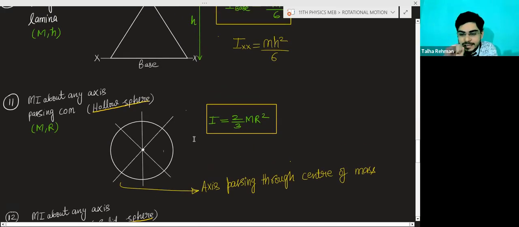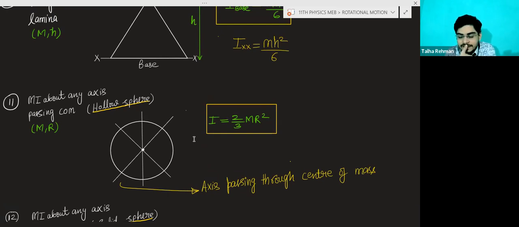For symmetrical bodies like sphere, cylinder, rectangle, square, the center of mass and the center of gravity coincide. We will discuss center of gravity also. But if the body is not symmetrical, then it is not necessary that the center of mass will coincide with the center of gravity.